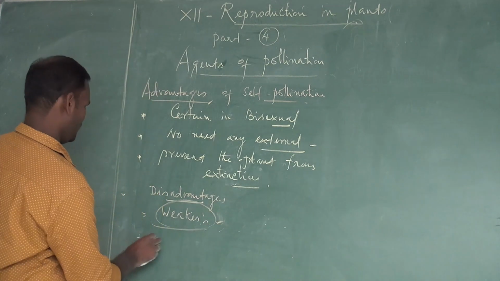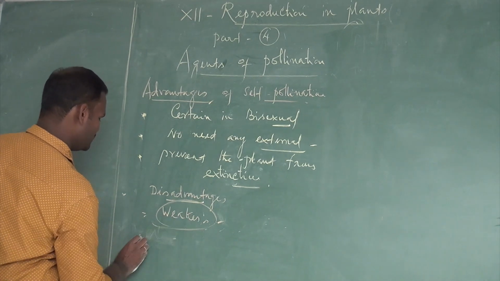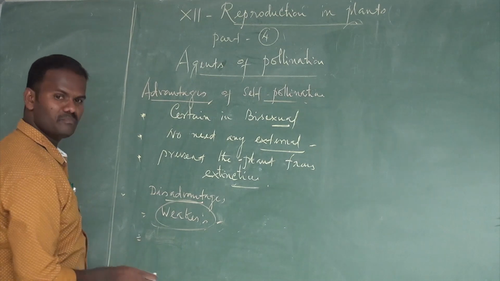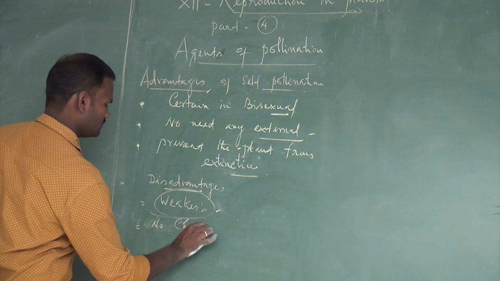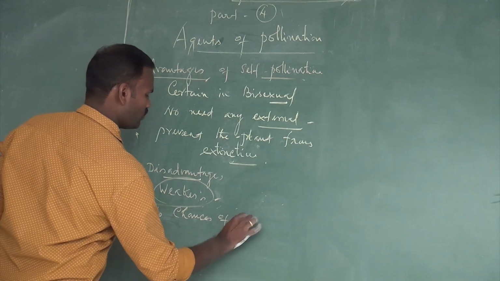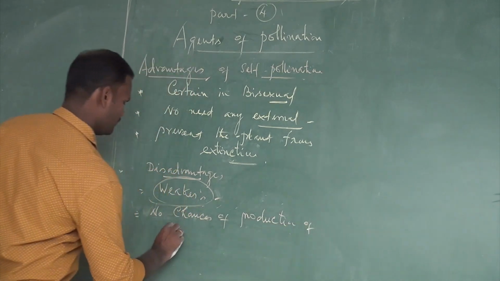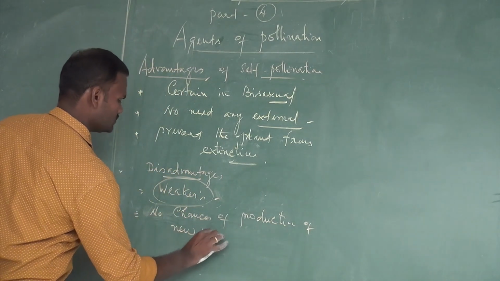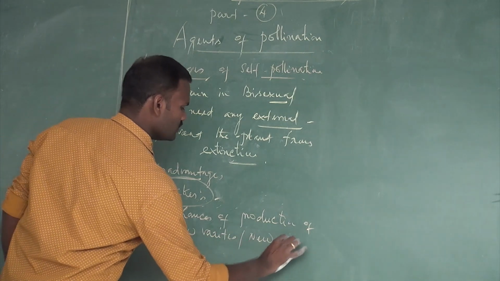And the second, the possibility for the production of new varieties is meager. No chances of production of new varieties or new species.